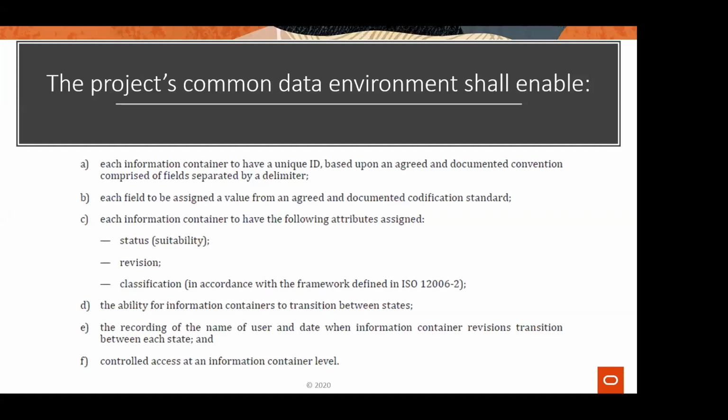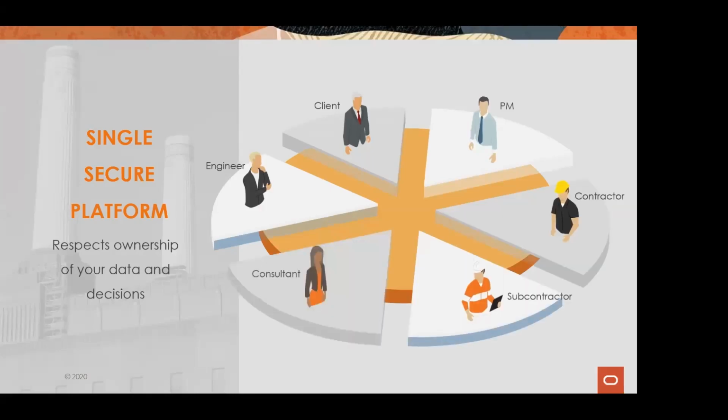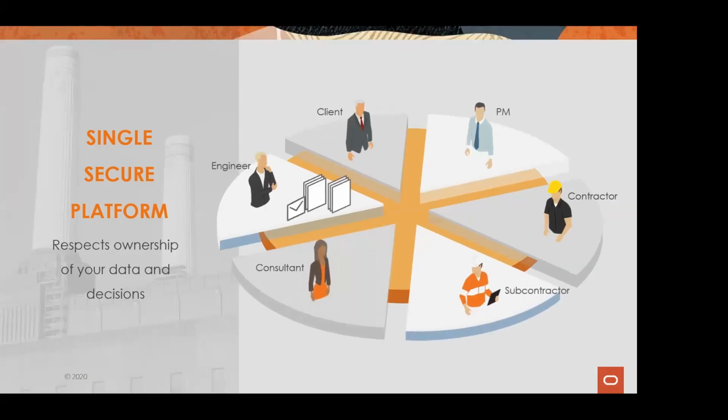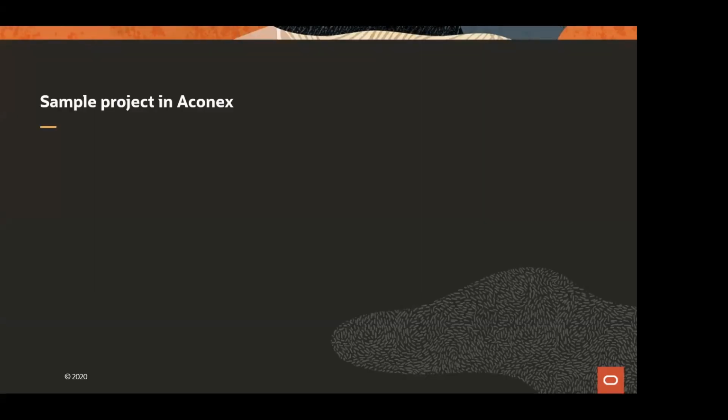In other words, what is the audit trail that you've got for your common data environment? So our product Aconex is a secure platform. It's based on organizations collaborating with each other, as you can see there. So for instance, an engineer will send contractual information to the contractor, and from there we'll be able to see how this works in real life.